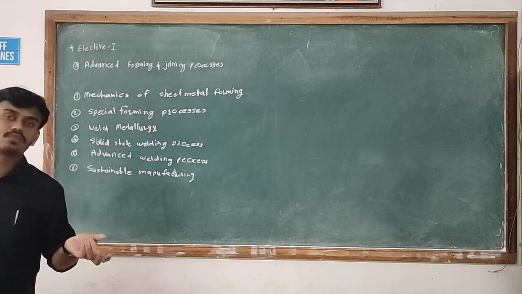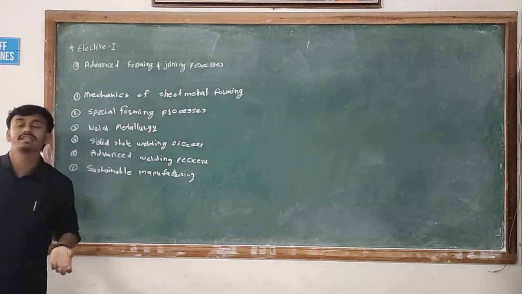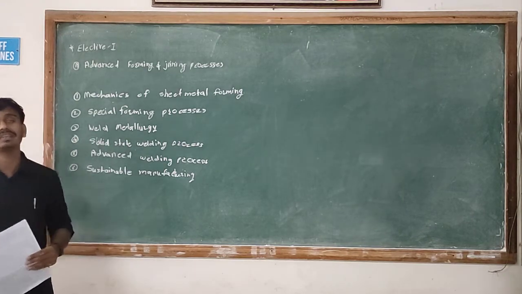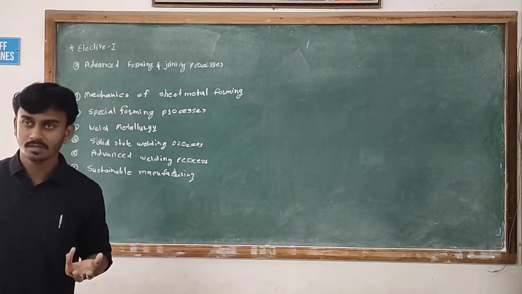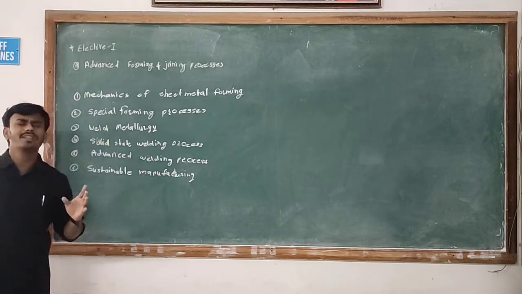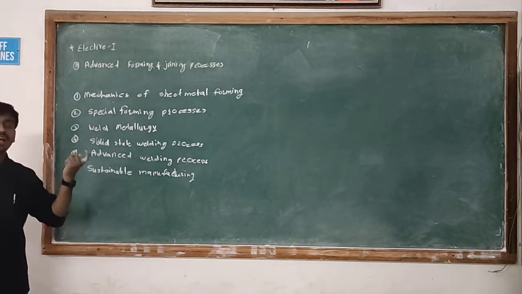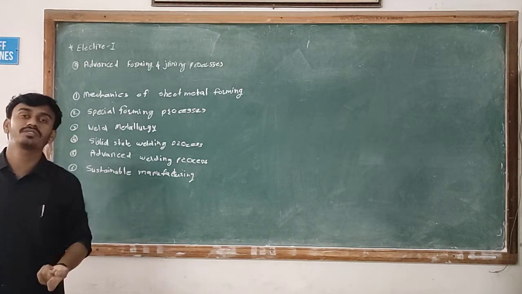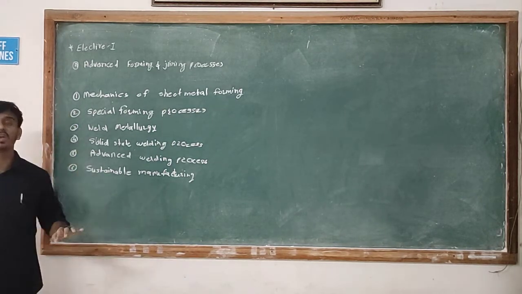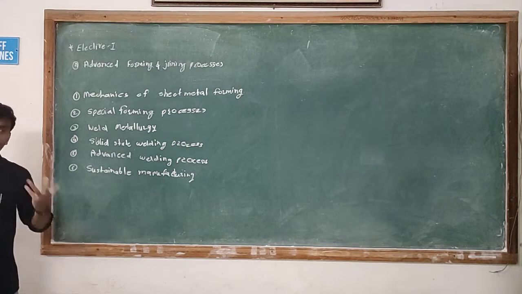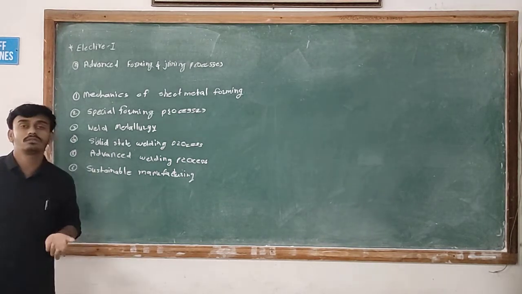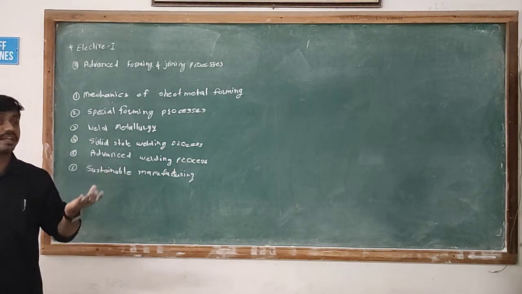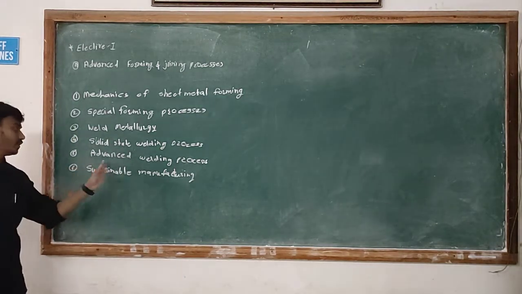Other than these two, there are conventional welding processes and some advanced welding processes, such as laser welding, thermochemical welding, etc. Which are the advanced welding processes? What are their advantages and their limitations? How do these advanced welding processes work? All these things we will discuss.